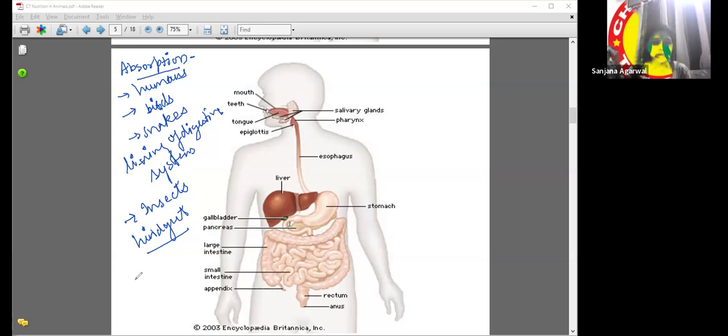Next, assimilation. It is the use of simple substances. Assimilation you already know. Now write the first point.